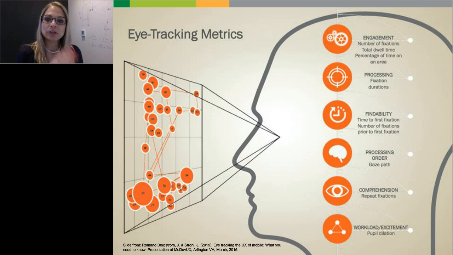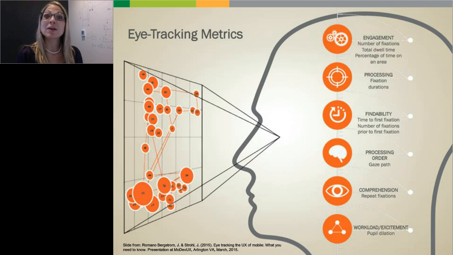So we don't need to go into detail here about all these different metrics, but this is just to demonstrate that the eye tracking method collects a lot of data. There's a lot that we can get out of collecting eye tracking data, whether that be focused on participants' engagement, focused on processing, the order in which people are looking at things while they're trying to complete tasks, how long it takes people to actually find things, or where they're looking before they actually find something.